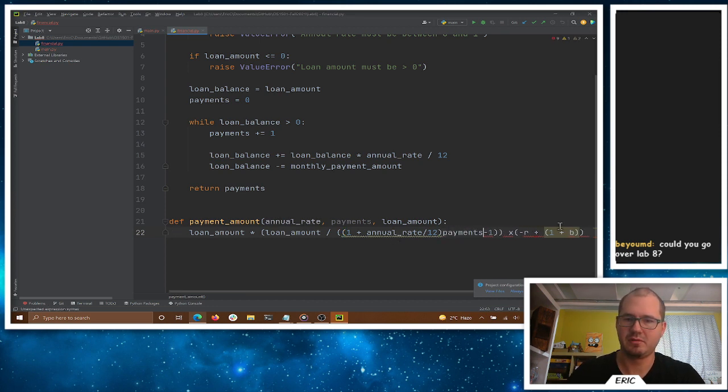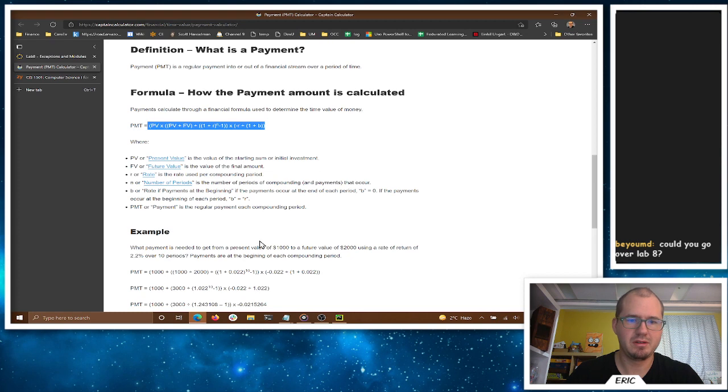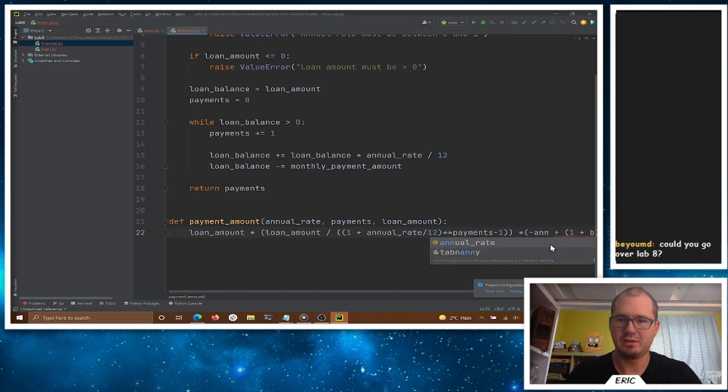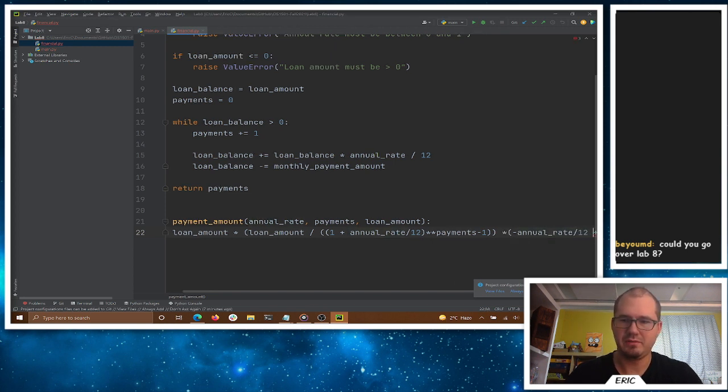So that was to the power of, minus 1, so that one happens first, and then we subtract 1 from it. Okay. Should be good. Times the negative annual rate, divided by 12, divided by 1 we don't need.